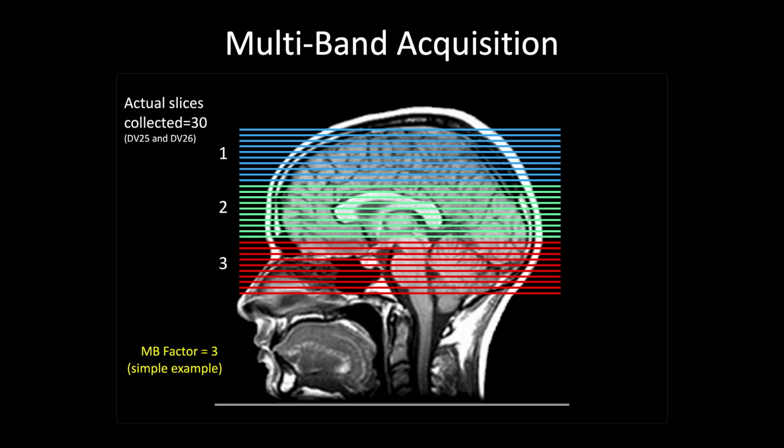Most of the head coils where you can do multiband have at least 20 channels. Ours here is 32. You'll hear some sites and some of the newer scanners have 64 channel head coils. The downside of multiband acquisition, if you've ever seen these head coils, is that they're a little bit smaller than the single band coil. Yes? We now have a 32 channel head coil that is as big as an 8 channel. So once that's available, nice. Yes.